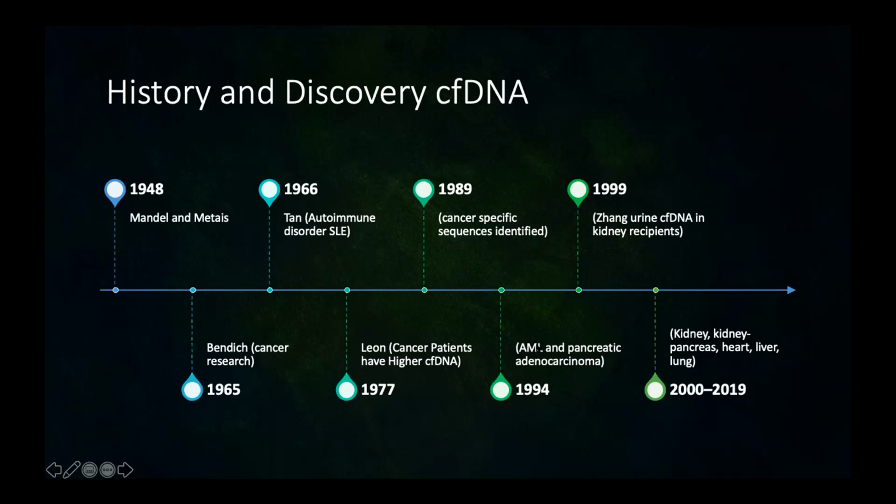In 1994, they were able to get the signature for acute myeloid leukemia. In 1999, they started using this technique to assess the health of the transplanted organ. Zhang looked at cell-free DNA in the urine, and you can decipher if it's self versus the donor kidney.